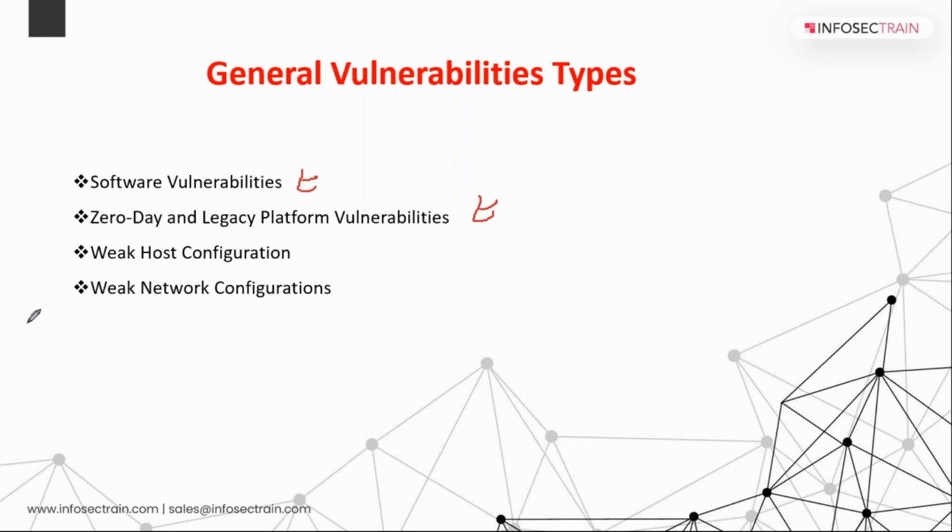It is the topmost one, the browser most affected by zero-day vulnerabilities. Now, what is a legacy platform? A legacy platform is one for which no support is available anymore, or no security patch is available from the developer.